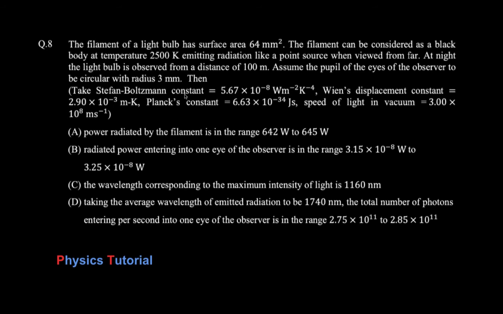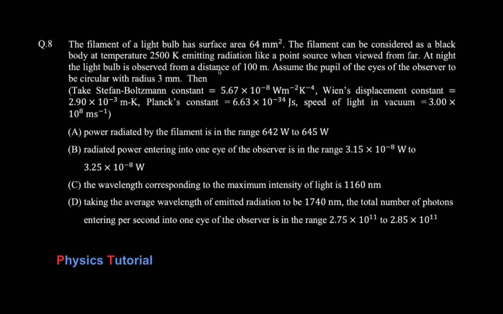Here the constants are there: Stefan-Boltzmann constant, Wien's displacement constant, Planck's constant, and speed of light is given. So power radiated by the filament in the range of this means here you have to apply Stefan's law for this A and B option, as radiated power entering from one eye to the observer in the range of this one, and then you have to find the area of the eye surface. Pupil's radius is given.